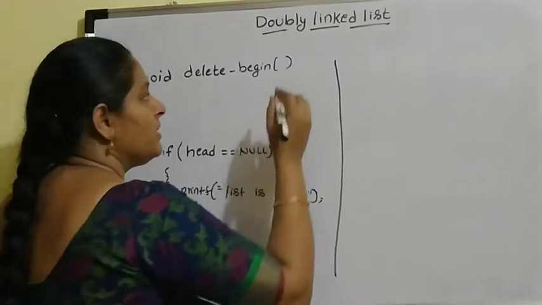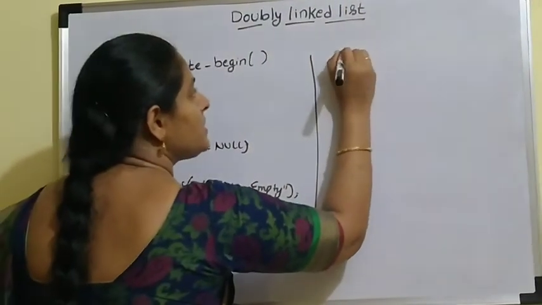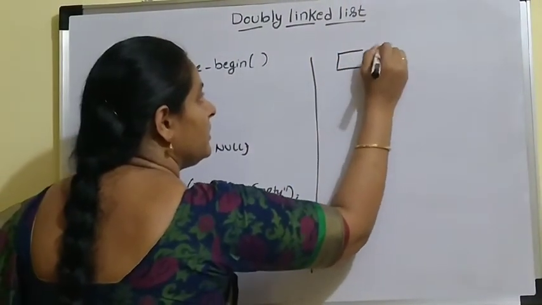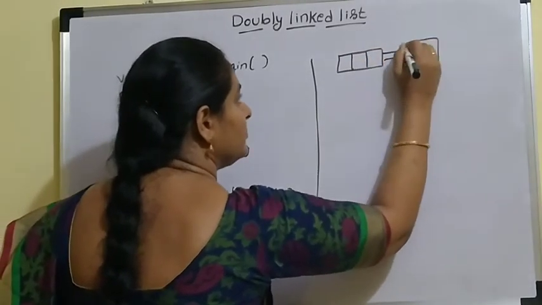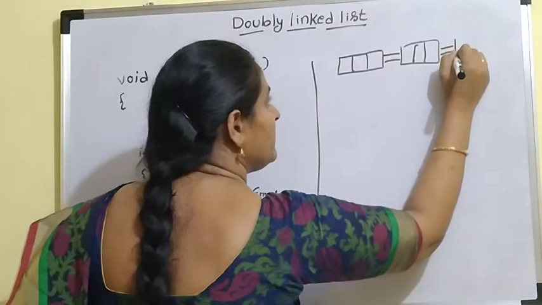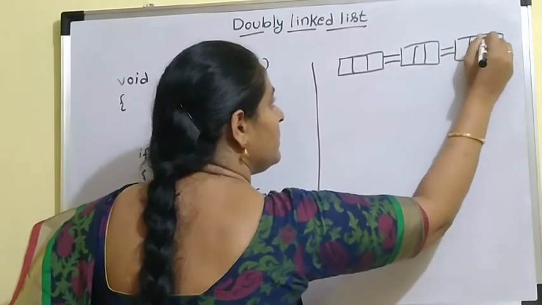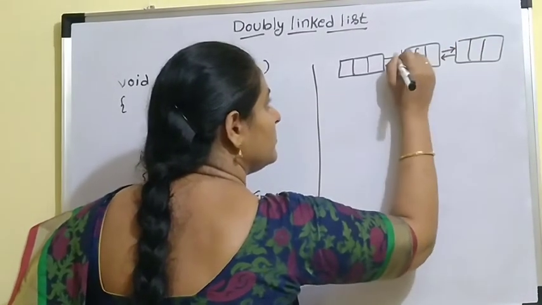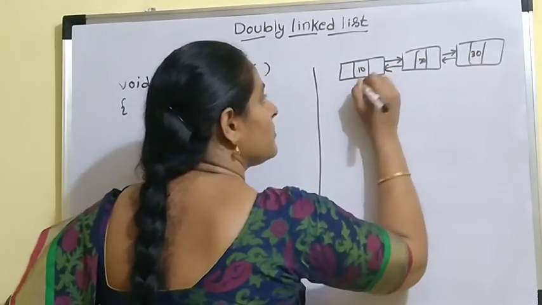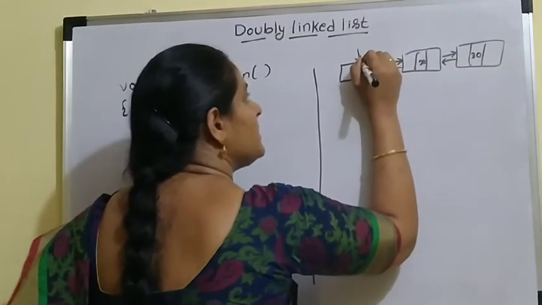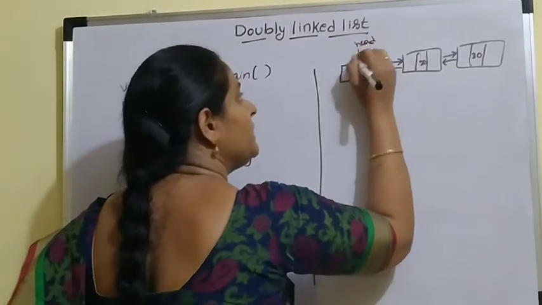Okay. Let us see, our list is not empty. Here our list contains some elements. Just assume that our list contains 3 nodes. This is our first node. Always the first node is pointed to by the head pointer.